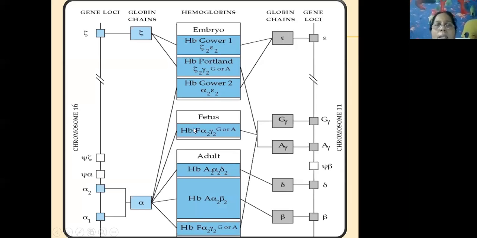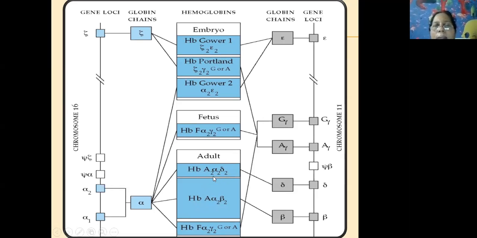In the fetal life it is the alpha and the gamma, and in the adult life, the hemoglobin that is present is mainly HbA, that is alpha 2 and beta 2, 2 alpha chains and 2 beta chains, plus a little bit of hemoglobin A2, less than 3.5%, that contains alpha 2 and delta 2.